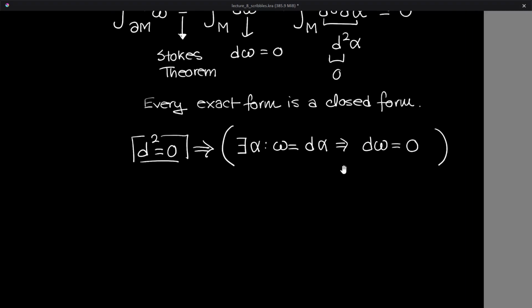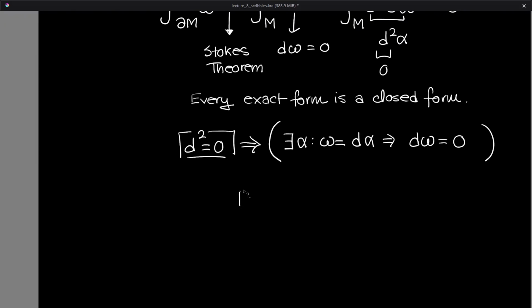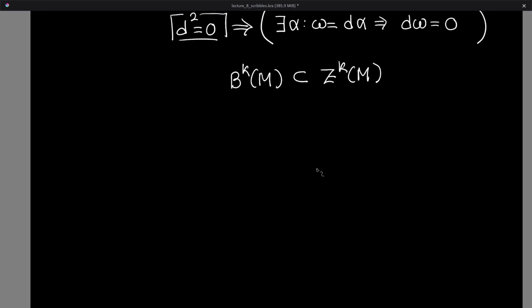So this is what actually allows us to say that this set BKM is a subset of ZKM. We'll revisit this.